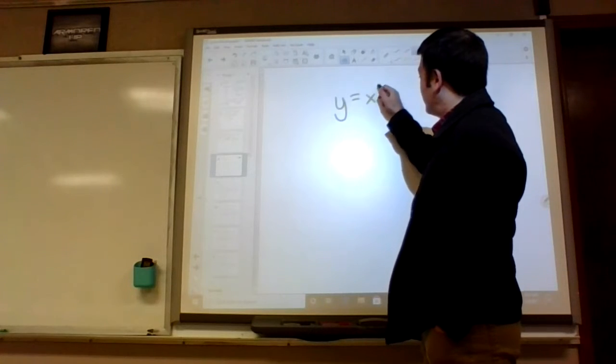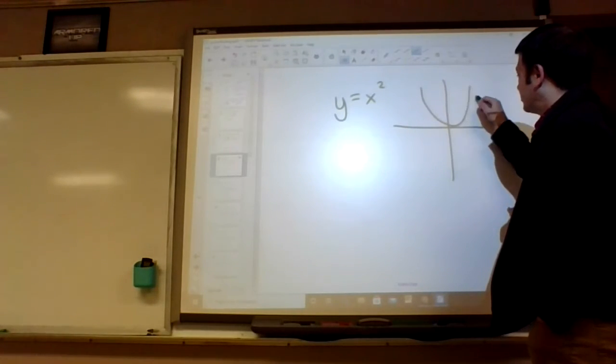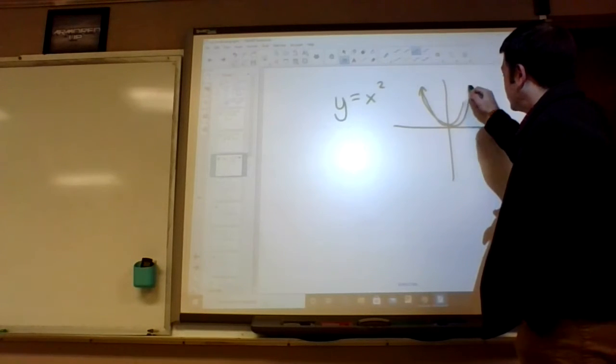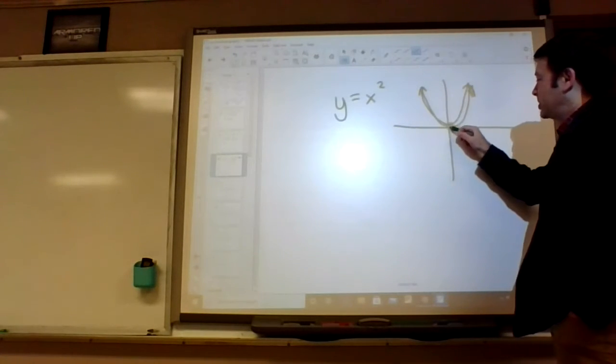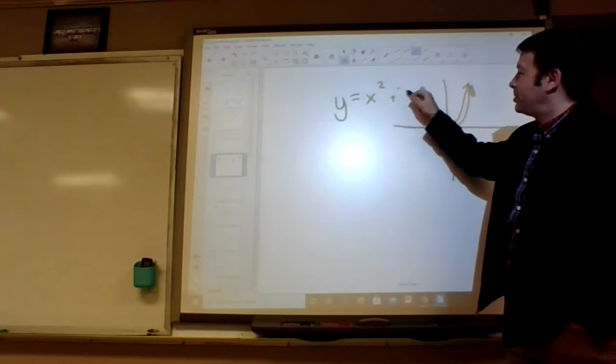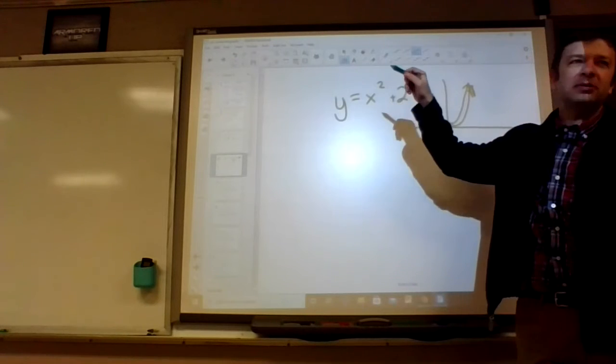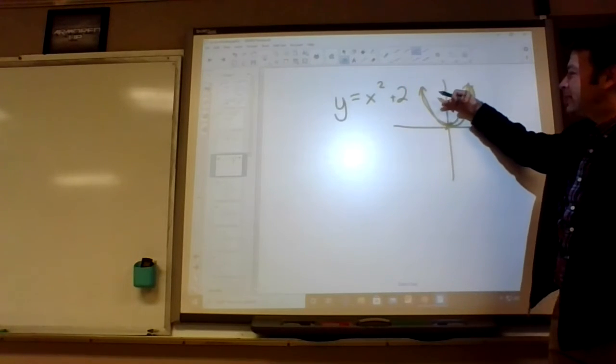So if I just graph y equals x squared, what it would look like is a parabola, a little prettier than that. It would just be at 0, 0 for the vertex. If I just do like a +2 right there, guess what's going to happen? Yeah, the graph moves up 2.